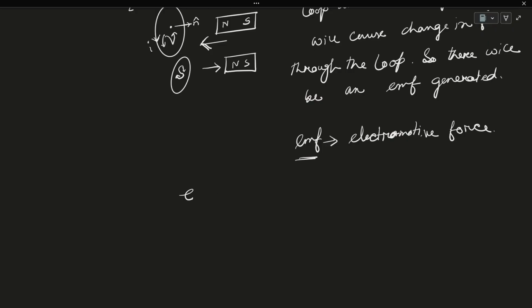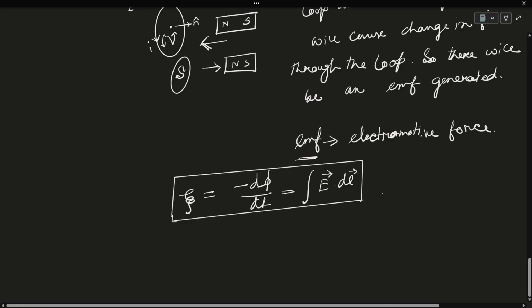This generated EMF can be written as minus dΦ/dt. So the rate of change of flux will be equal to the EMF generated, and in terms of field lines we can write it as ∮E·dl. So this is the EMF generated.